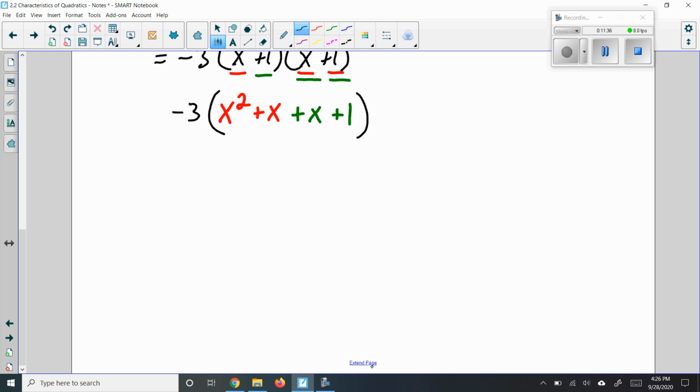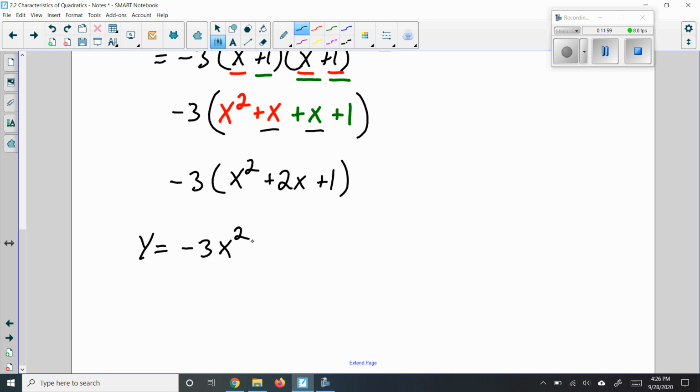So let's combine some like terms. Okay, -3 times x squared. X plus x is 2x. Now I can simply distribute this -3 across all three terms. And so we end up with y equals -3x squared. -3 times 2x is -6x.